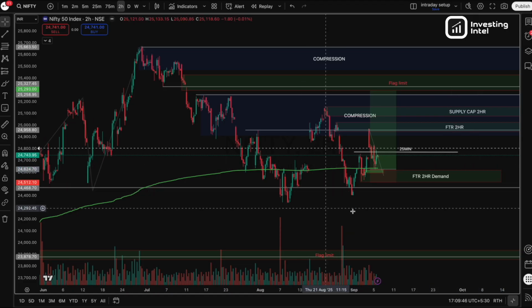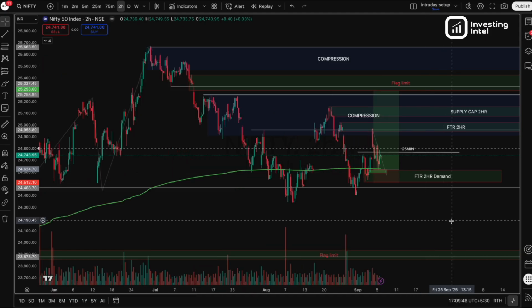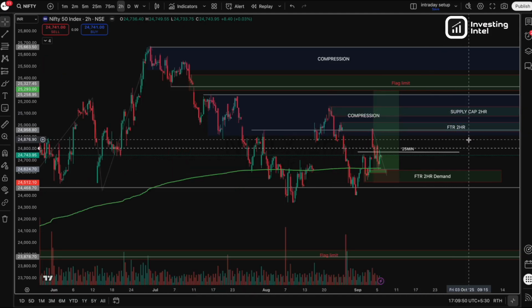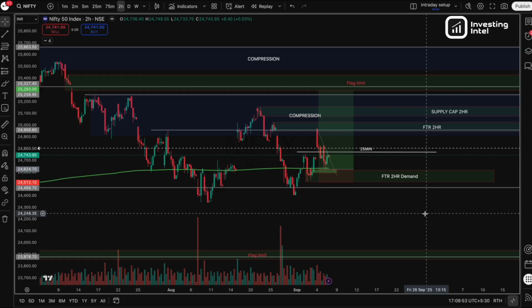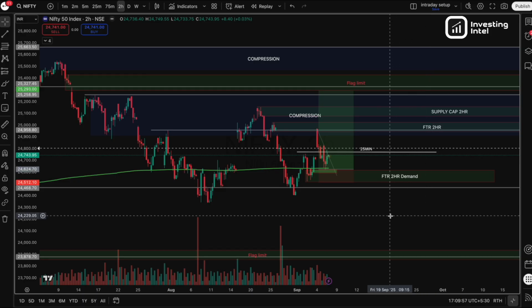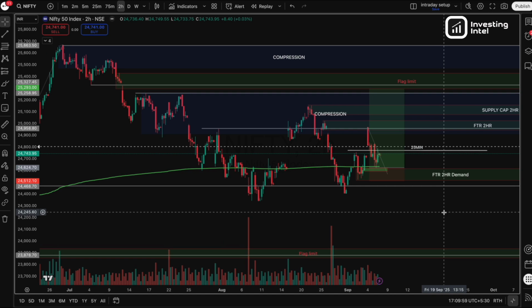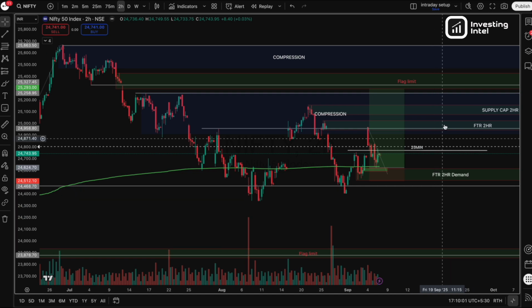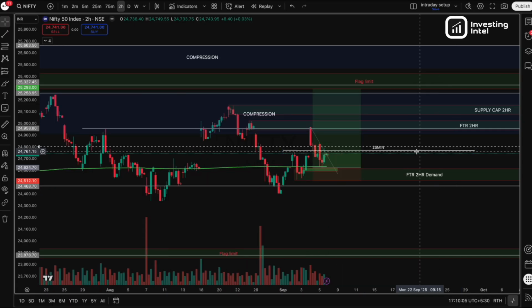Finally, when price enters the zone, what price is doing and how price is behaving is the only signal that we try to read, and then create our plan and trade.